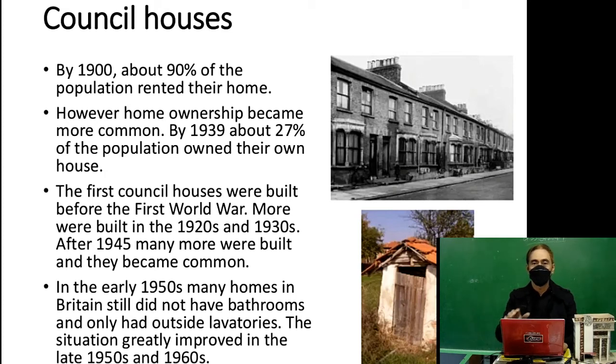More were built in the 1920s and 1930s. After 1945, many more were built and they became common. In the early 1950s, many homes in Britain still did not have bathrooms and only had outside lavatories. The situation greatly improved in the late 1950s and 60s.